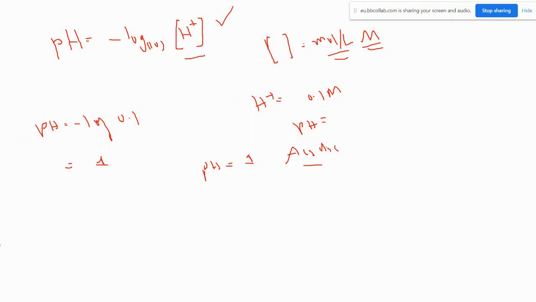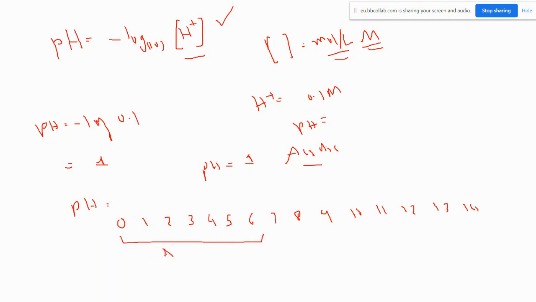Why? Because we have a pH range. It starts from 0, 1, 2, 3, 4, 5, 6, 7, 8, 9, 10, 11, 12, 13, and 14. This is the range of pH. Any solution whose pH is from 0 to 6 is called acidic.